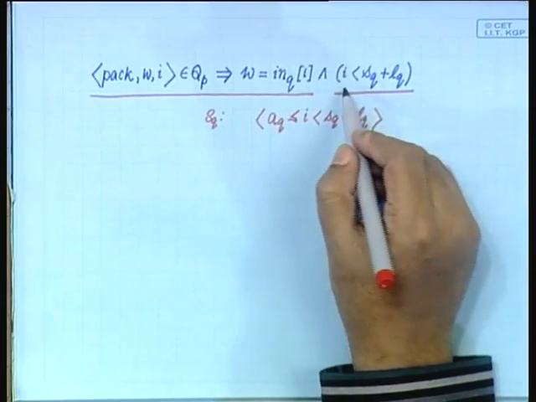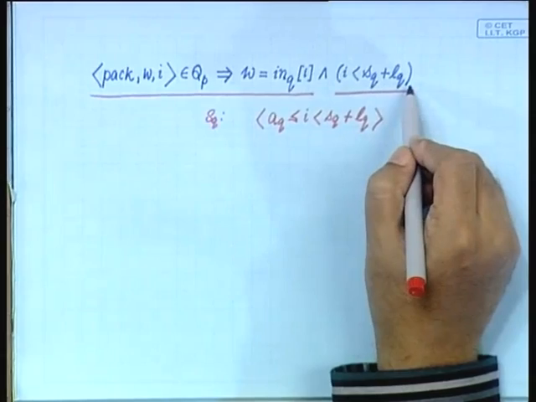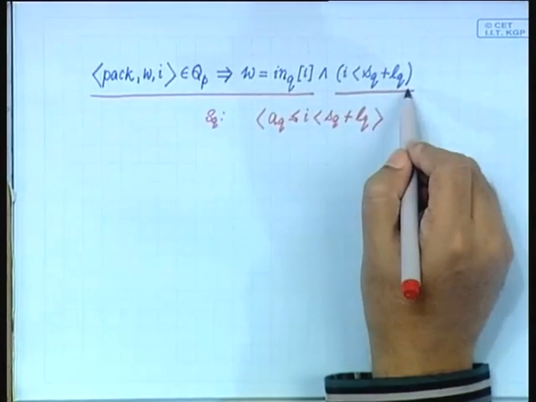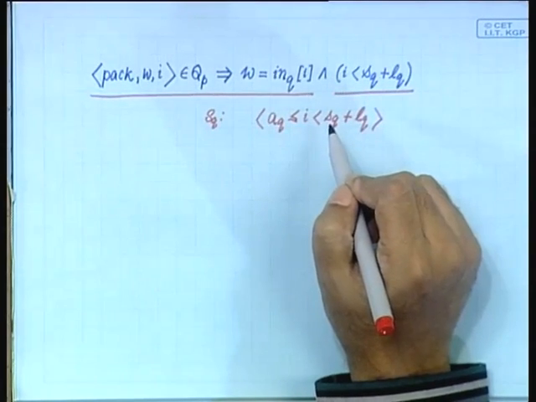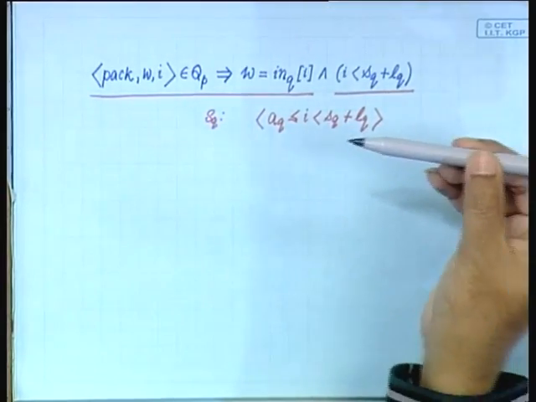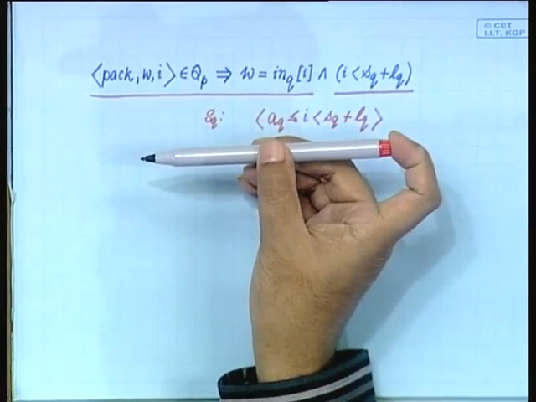At the time that the packet was sent, obviously I was less than SQ plus LQ, but we have to make sure that it remains true even after the packet was sent, because the packet is in the queue and it can take a substantial amount of time for it to traverse along the queue, right.